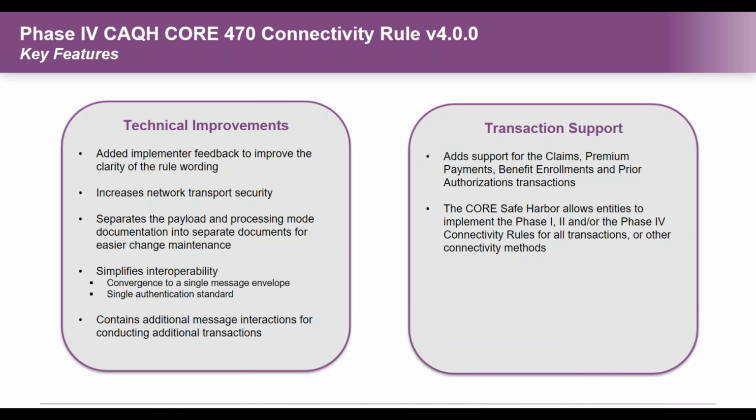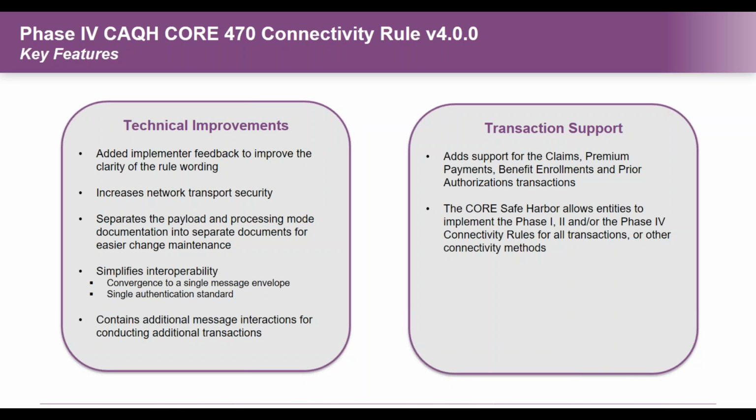The security and the interoperability of the connectivity rule has improved relative to phase 2. Some additional message interactions to support the new set of transactions, which Bob touched upon. And the transaction support of this phase, the focus area is claims, prior authorization, benefit enrollment, and premium payments.